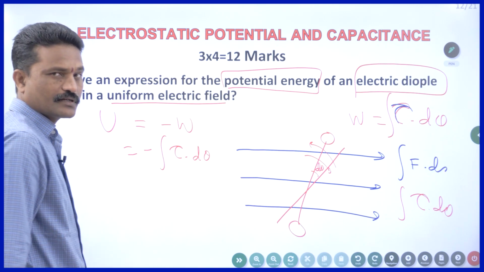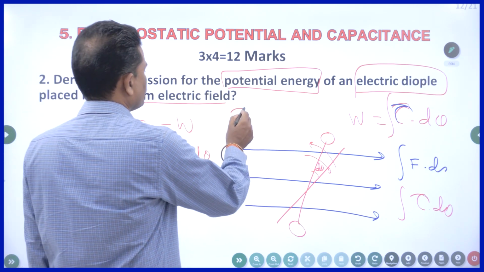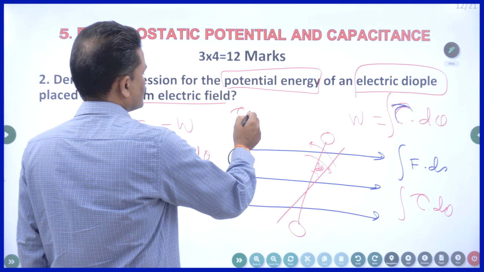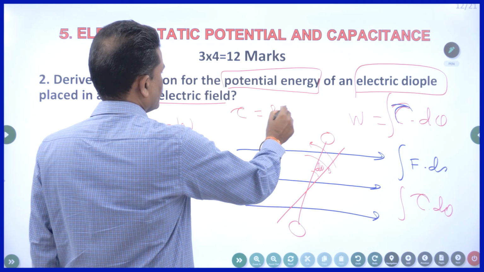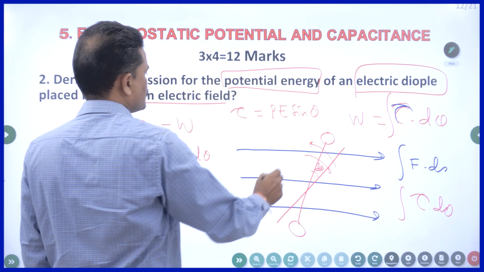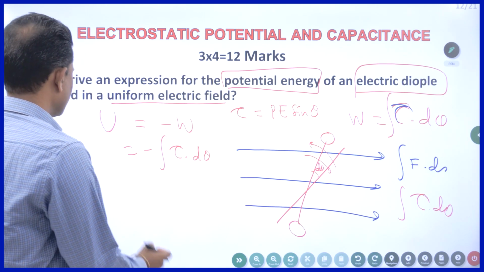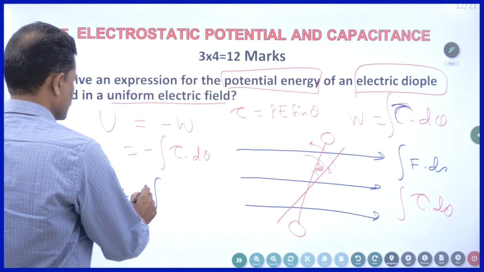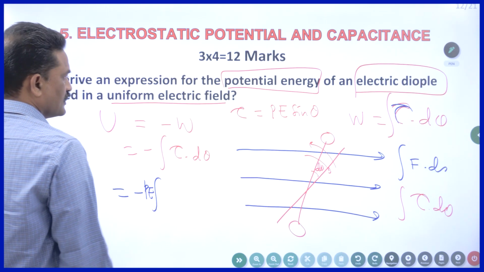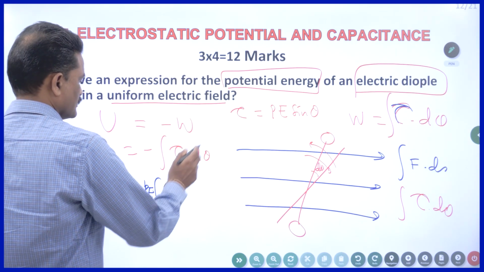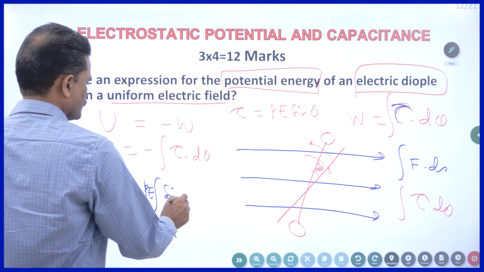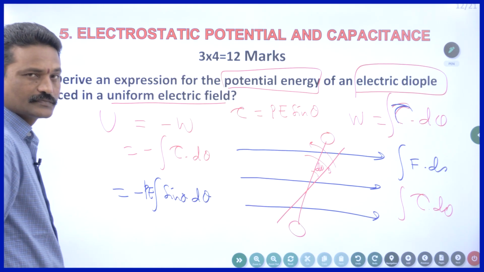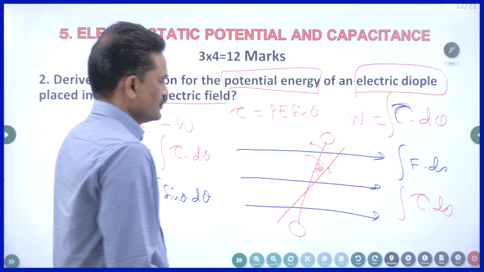This tau is nothing but the couple. Just now we derived it in the previous question. So, tau is equal to PE sin θ. We wrote there P cross E. So, you substitute it here. This is the integral; PE is constant. So, P E, this is sin θ dθ.